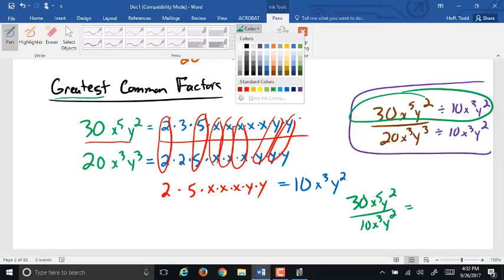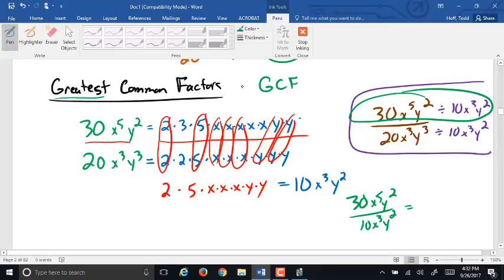And we would have divided 30 divided by 10, of course, is 3. X to the fifth divided by x to the third is 5 minus 3 is 2, so x squared. And then the y squareds cancel out. So the top is going to become 3x squared.